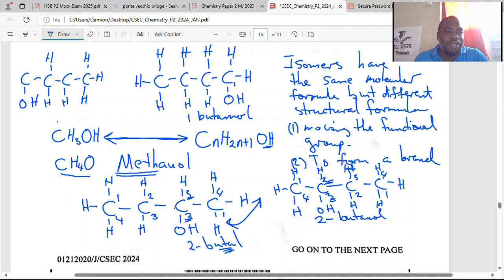Is this an isomer? Look at this. So we just drew 1-butanol. Will this be an isomer? Anybody?